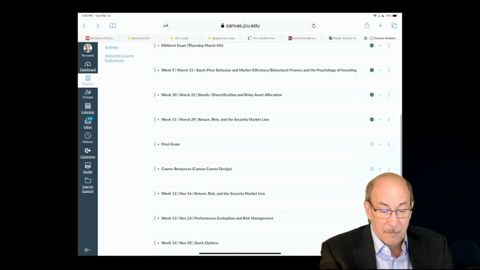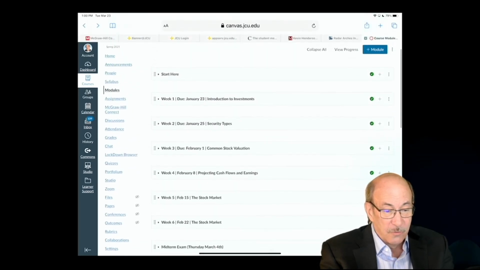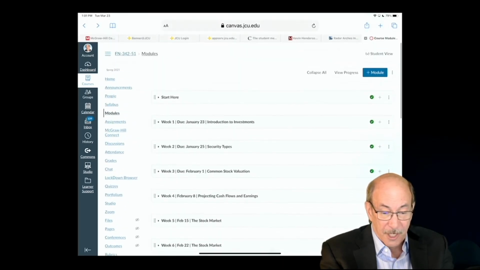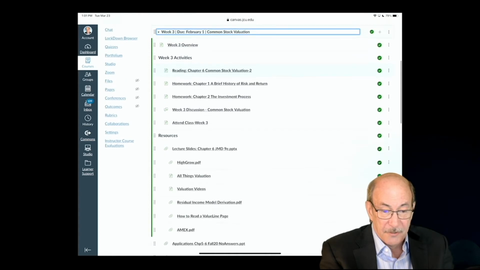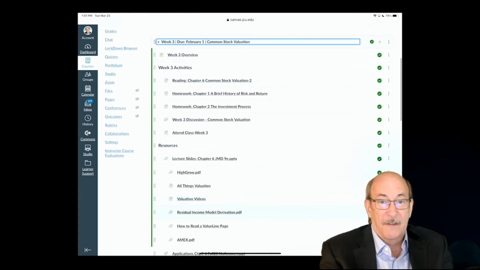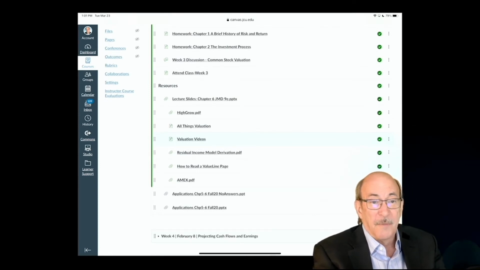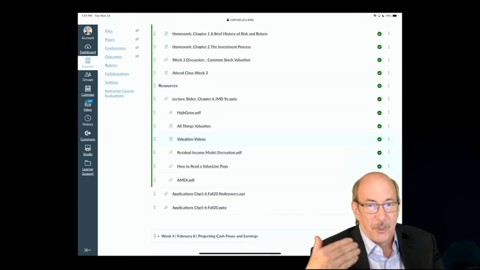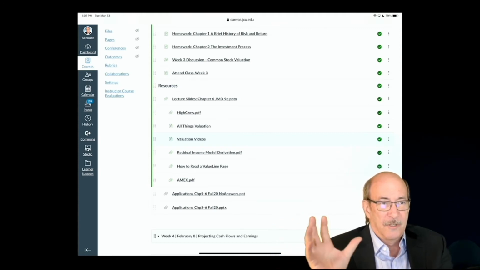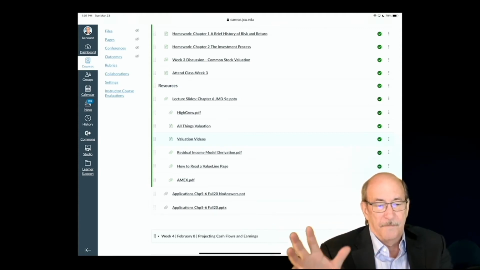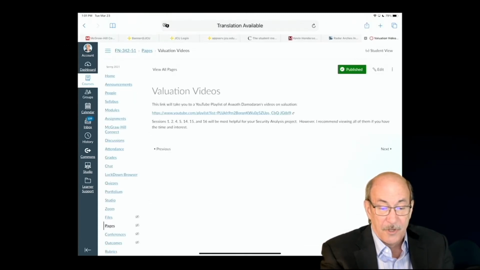The other thing that I would recommend, where did I put that? Oh yes, I think it's up here. Yes, right here. Under week 3, where we're doing common stock valuation, is where I've got all the information that Aswath Damodaran has made available. Again, this is not necessary for this 29th due date. You're just gathering it, putting together some spreadsheets and some plots. But if you go to the valuation videos, that's the link.